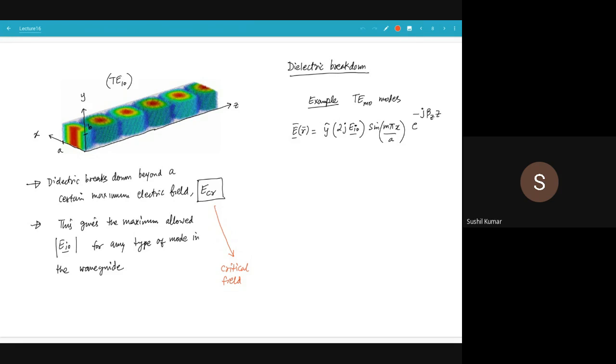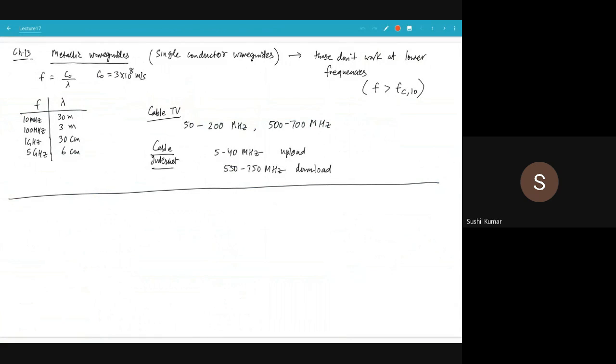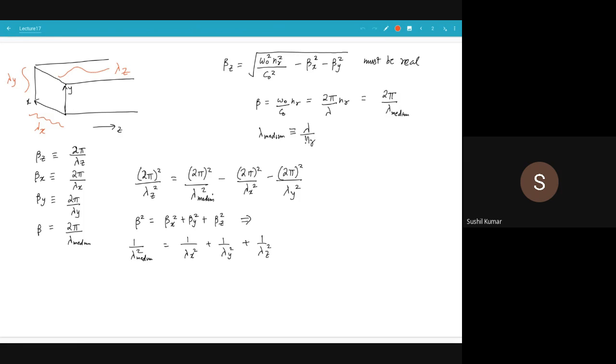It's kind of like a combination of resistors in series. What lambda x, lambda y and lambda z would be have this inverse relation. As you go to higher and higher order modes, this number changes. Let me write that down: TE10 mode.